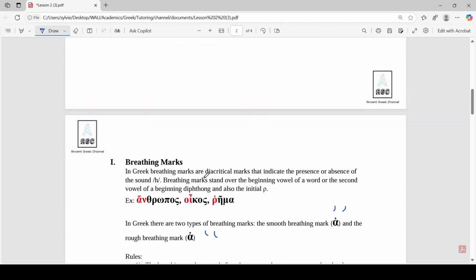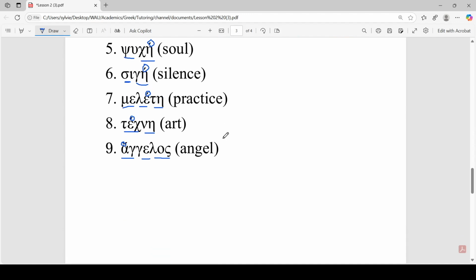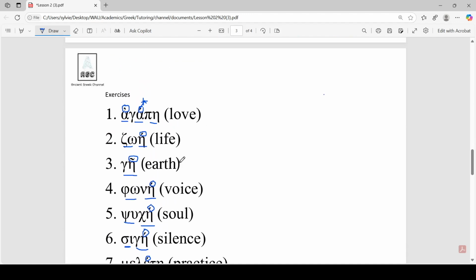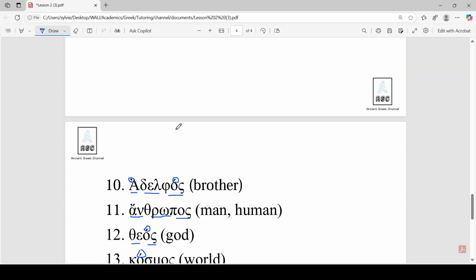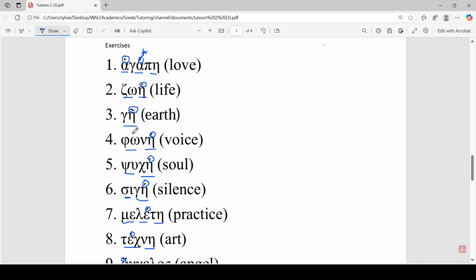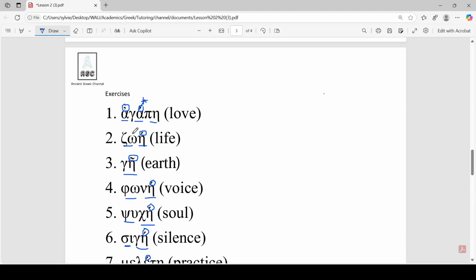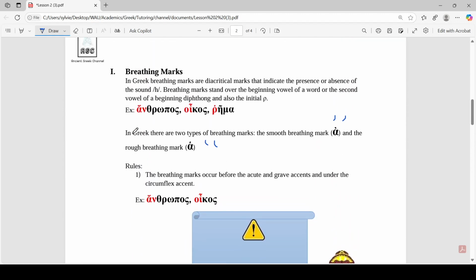Make sure that you go over all these things before lesson 3 and make sure that you master the pronunciation of Greek words, Greek letters, diphthongs, accents, and breathing marks. It was a pleasure to accompany you on this interesting trip in the world of Greek pronunciation.